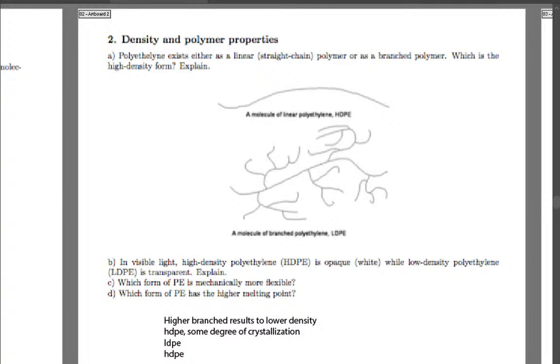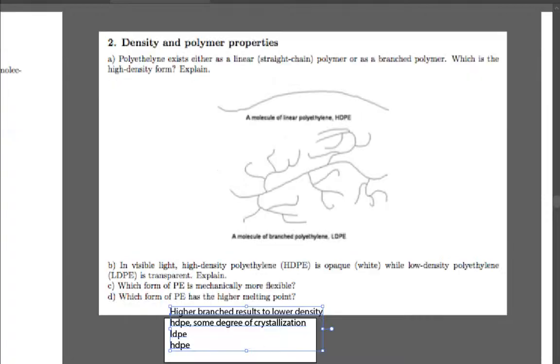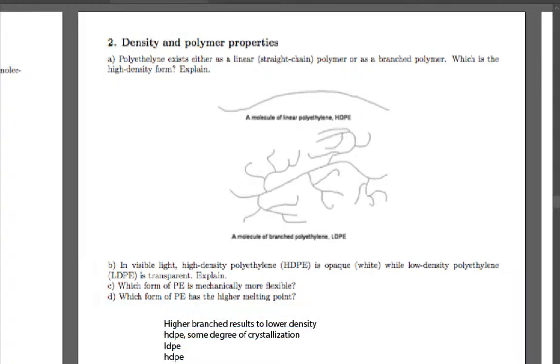So we can just change this here. Something just happened, I still don't understand what just happened. So this one here, linear packs more easily.